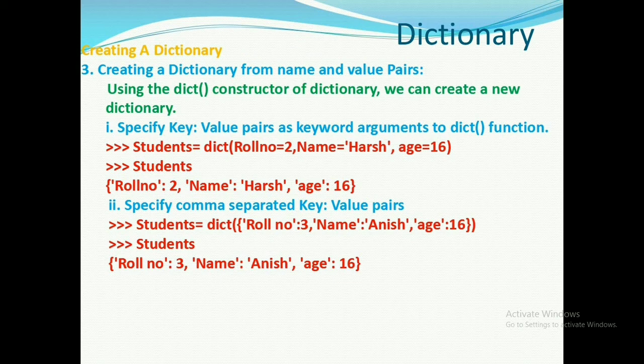We can also create a dictionary by specifying comma separated key value pairs. Here inside the dict function, you write the key value pairs in curly braces.